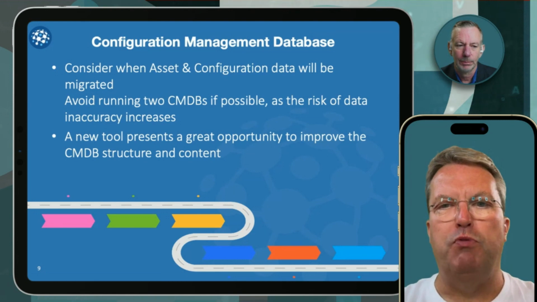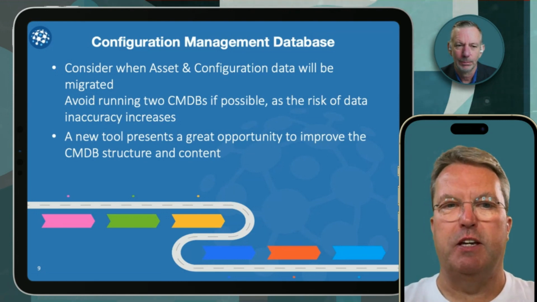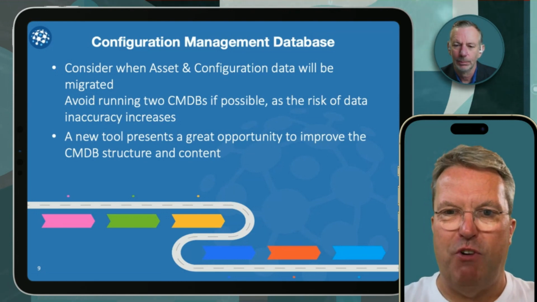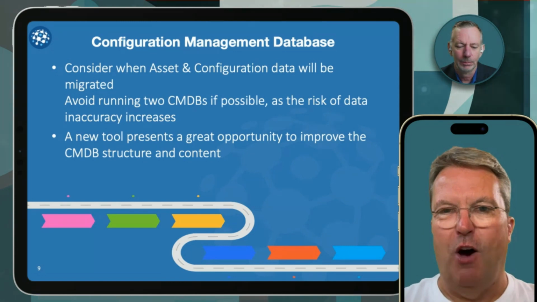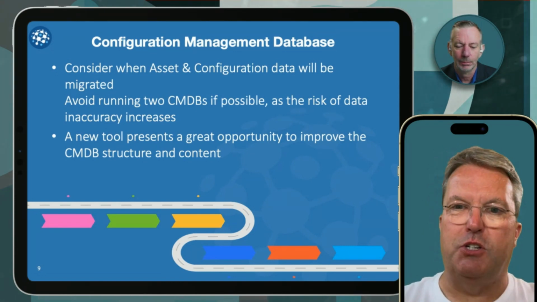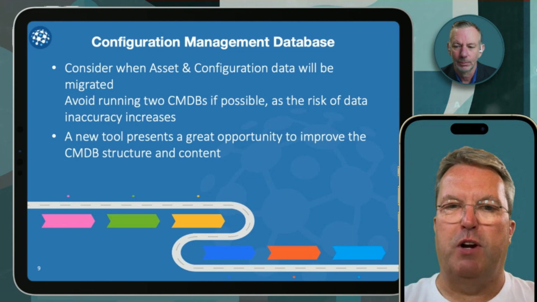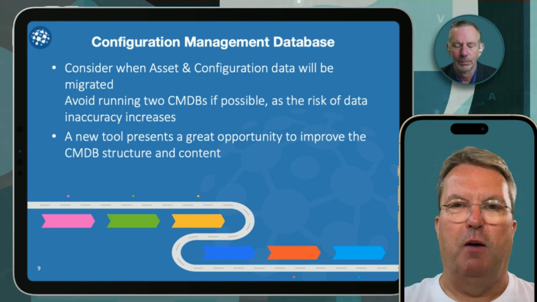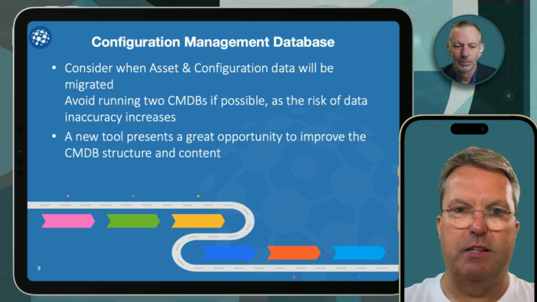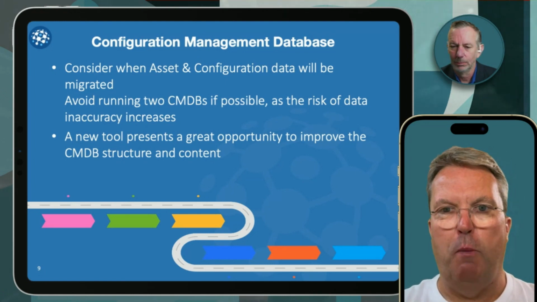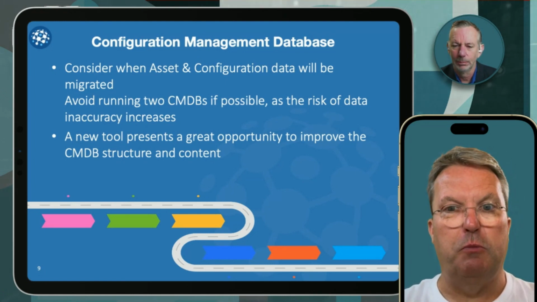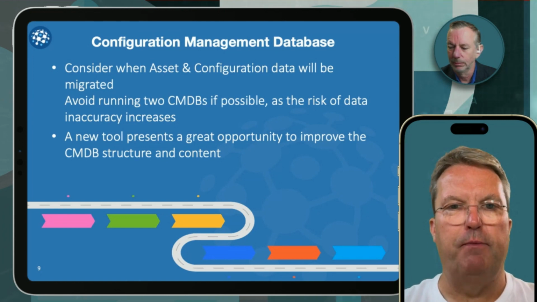Because that new tool presents you with a great opportunity to improve CMDB structure and content in line with the dream that the salesman has showed you. So embrace that opportunity. Don't just be inclined to take the existing CMDB structure and copy it to the new tool, because it could be inherently flawed. So embrace that opportunity to improve it.